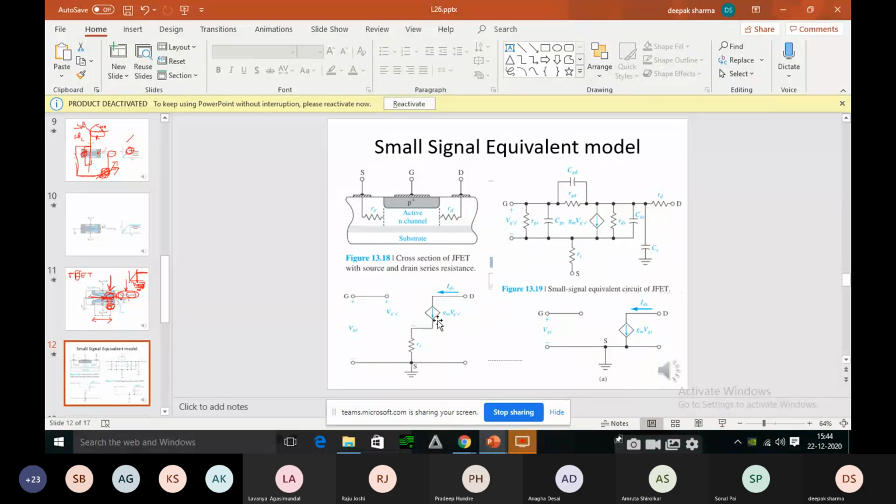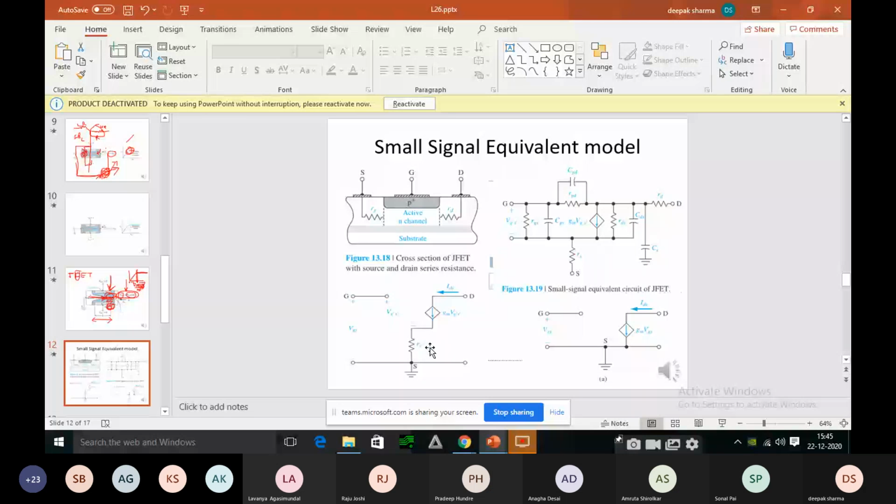And here we are taking the constant current source. This cannot be neglected. Why? Because it provides some current from drain to source. Actually, the current flows from drain to source. And what is this? This is RS, the source resistance.